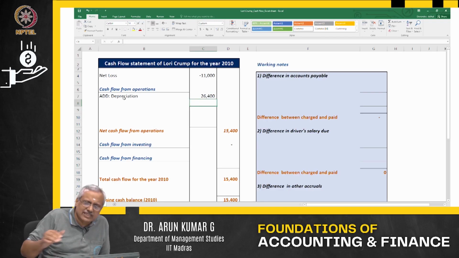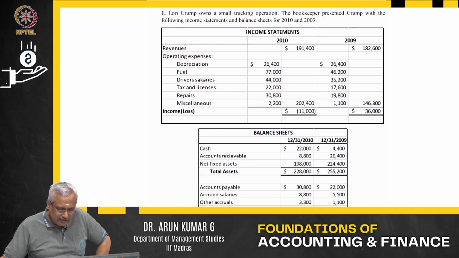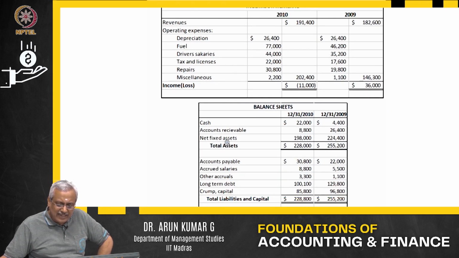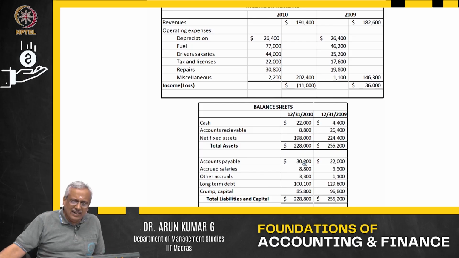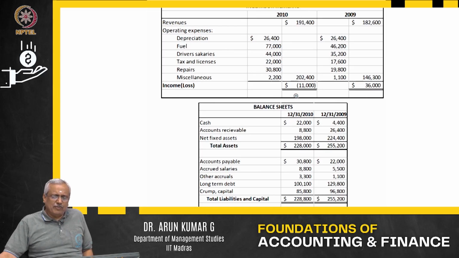Now we go to the balance sheet. When I go to the balance sheet, I see that accounts payable last year was 22,000, this year it has become 30,800, and there are purchases and so on.